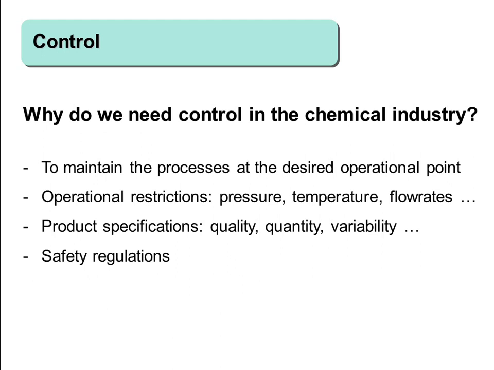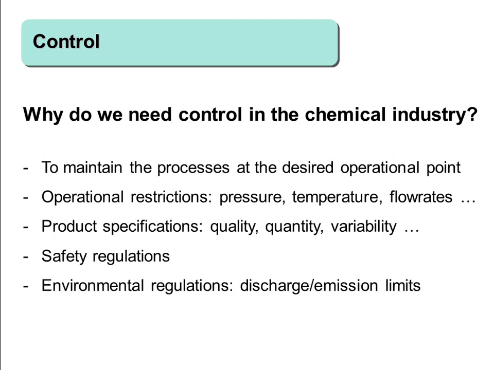We also have safety regulations that limit the range of values of temperatures and pressures that we can work with, and also environmental regulations, where we have to meet some discharge or emission limits. And finally, also very important, the economy of the process.